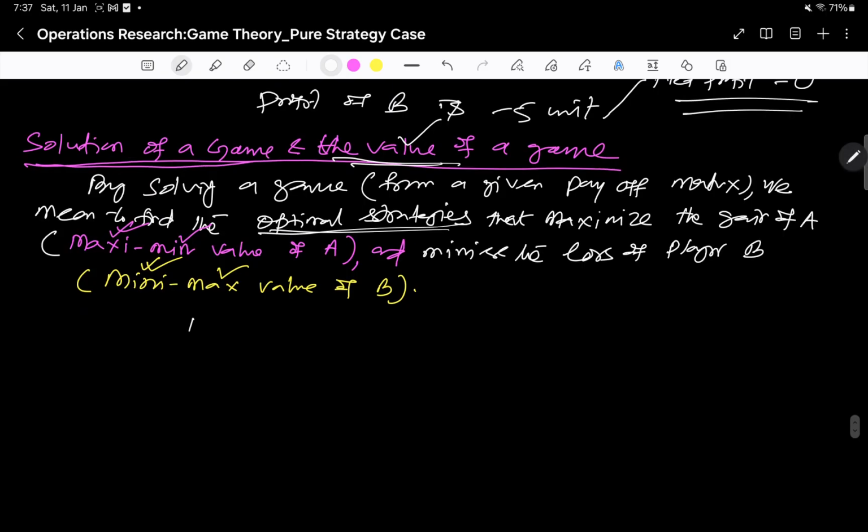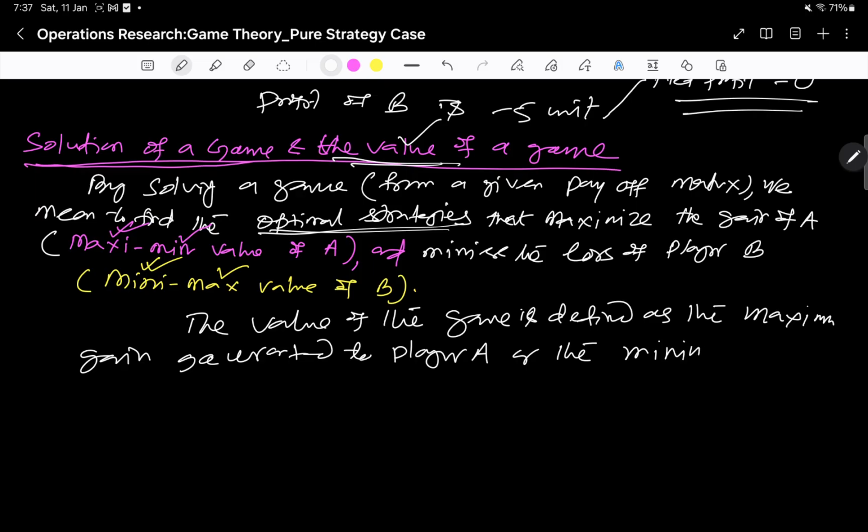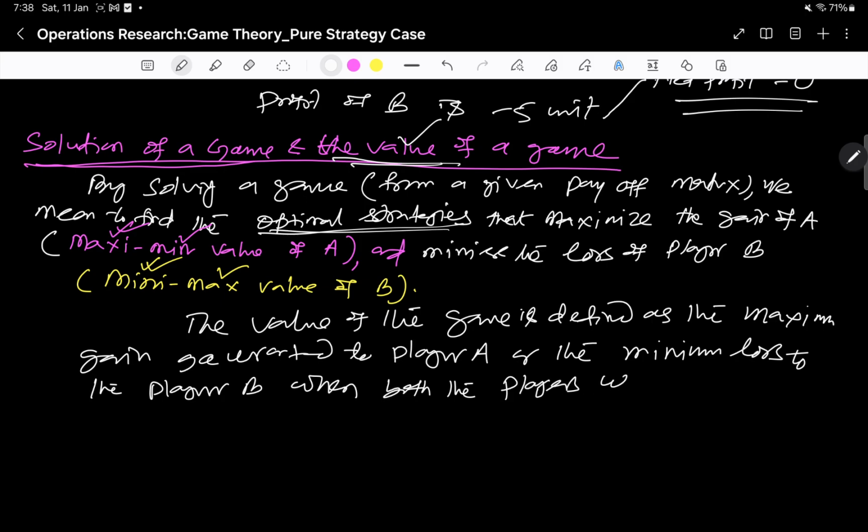Now coming to the value of the game. The value of the game is defined as the maximum gain guaranteed to player A, or the minimum loss to player B, when both the players use their best, I mean optimal, strategies.